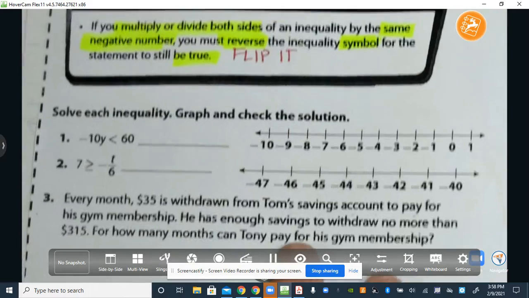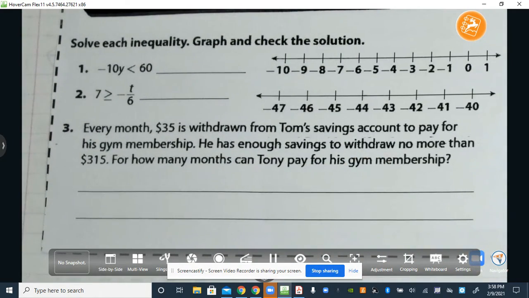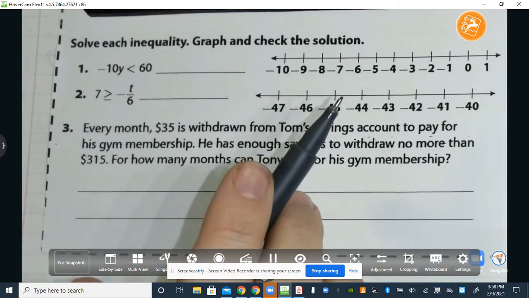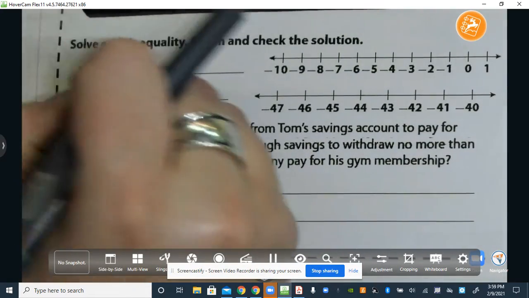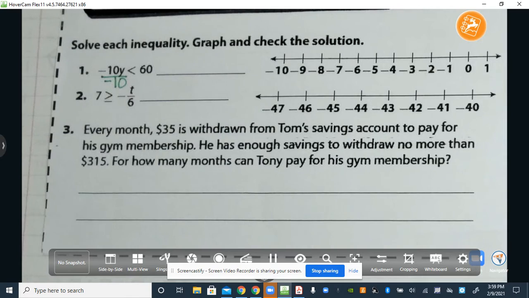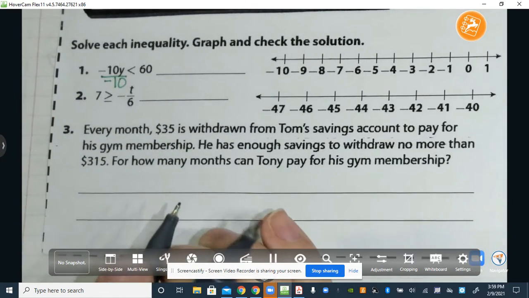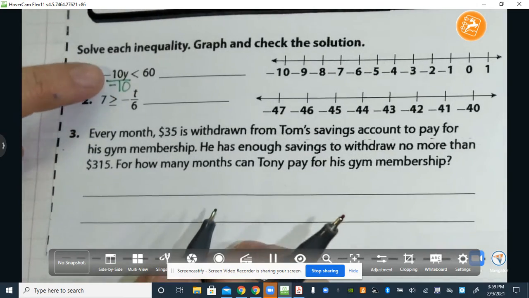All right, let's look here at our examples. So we have -10y is less than 60. I know it's multiplication, so I solve by dividing. And I've got to divide each side by this -10. Because you can't just divide by 10 because that leaves that negative there. You got to take the whole kit and caboodle, the whole -10 with it.